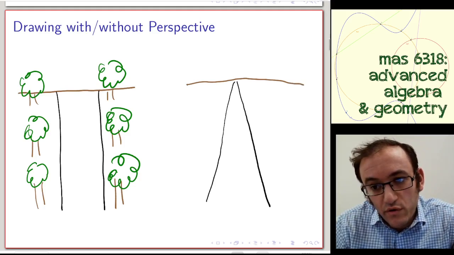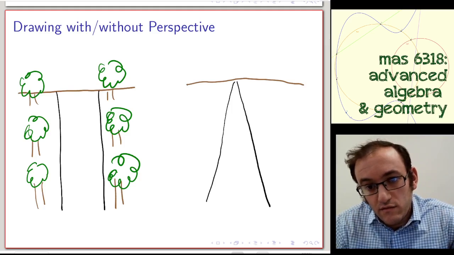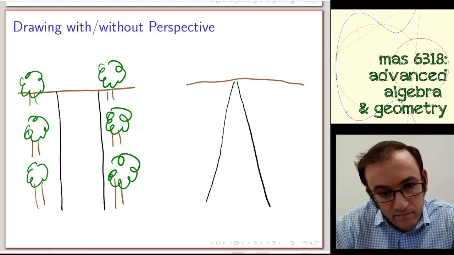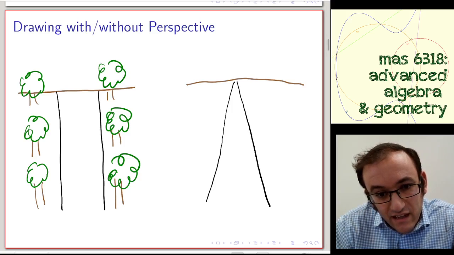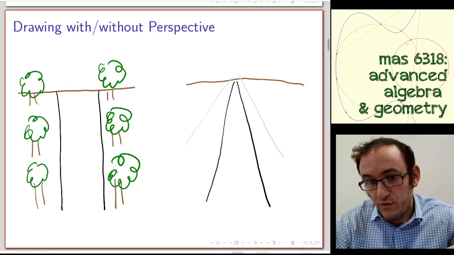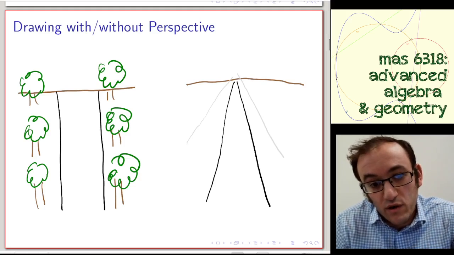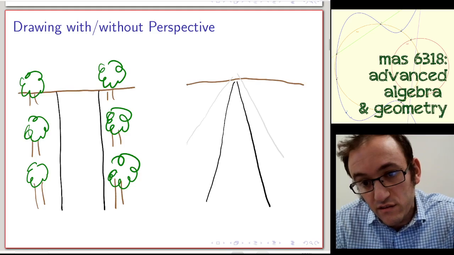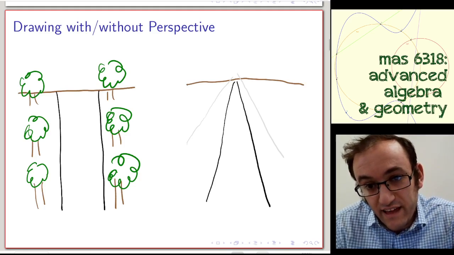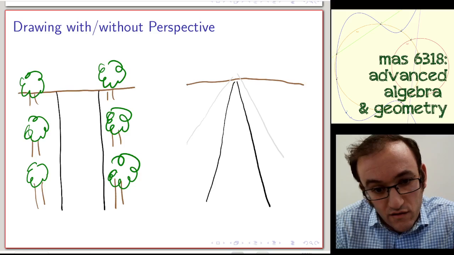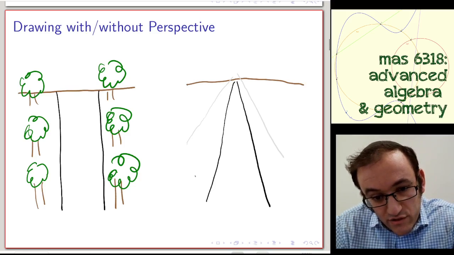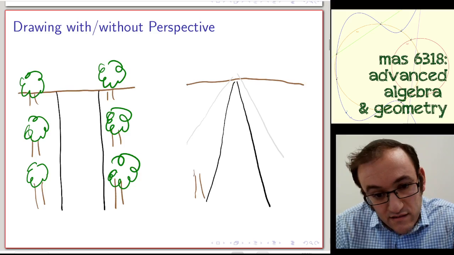And we're also going to have a kind of hinted line coming out along the tops of the trees. But the lines along the tops of the trees are also going to meet at infinity, so we want the sizes of the trees to reflect that. So let's get the tree trunks of the appropriate size.